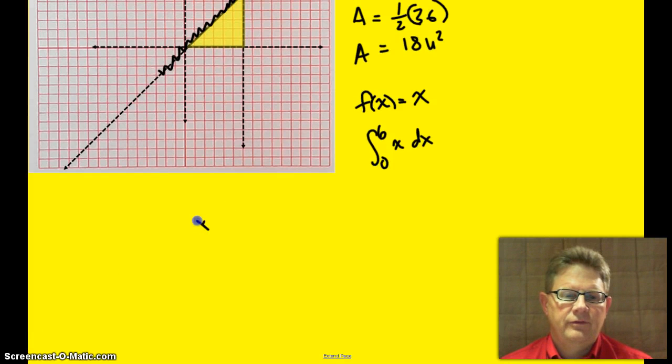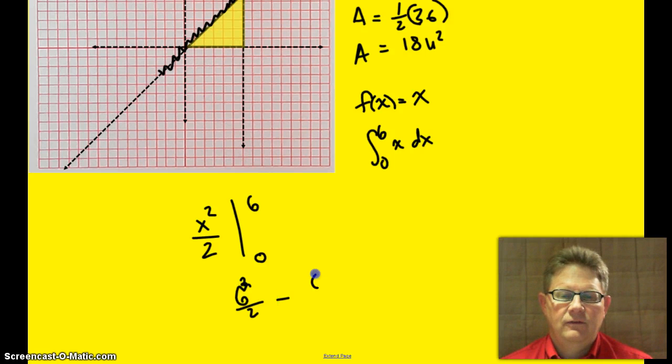Okay, the antiderivative is x squared over 2, and we're evaluating that at 6 and 0. So 6 squared over 2 minus 0 squared over 2, 36 over 2, 18 units squared.